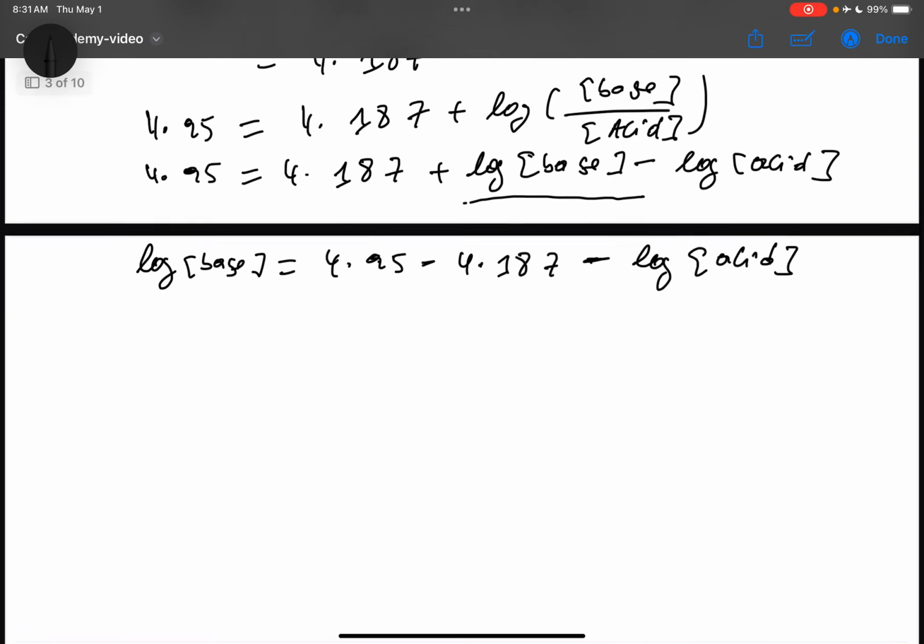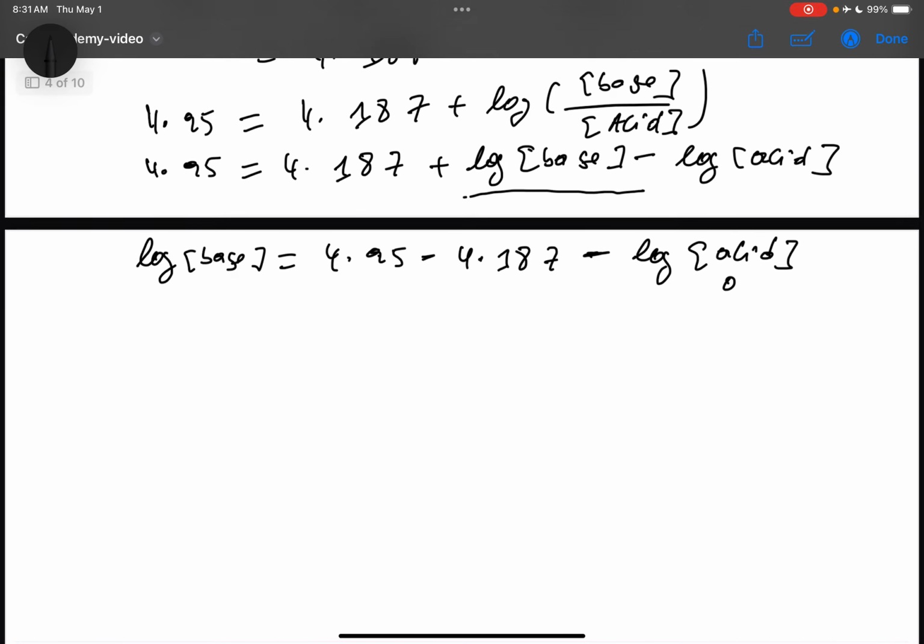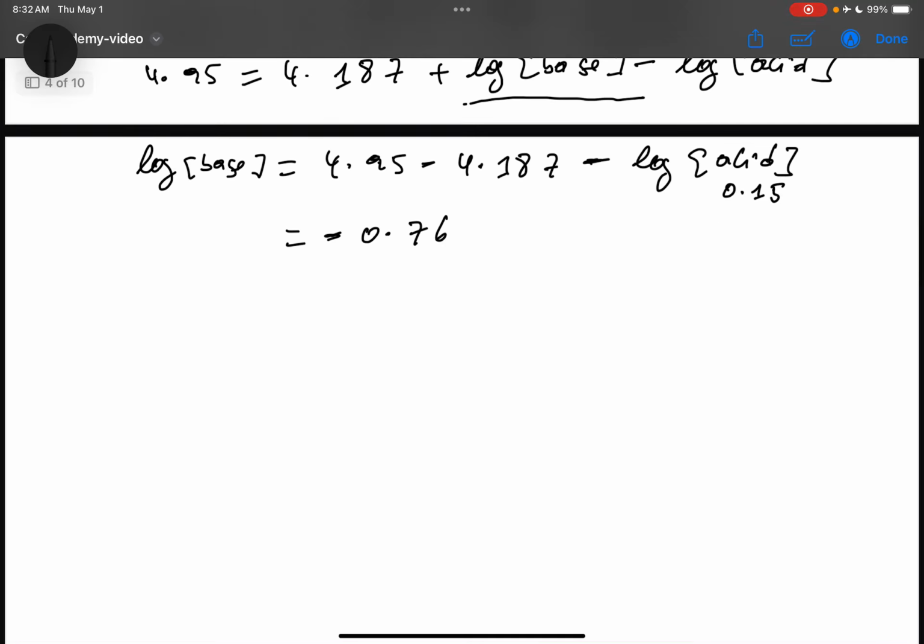The concentration of the acid is 0.15, and this is equal to minus 0.76. We can calculate the concentration of the base by taking the power of 10 of this value, 10 to the power of minus 0.76, which gives 0.17 molar. We find the concentration of the base.